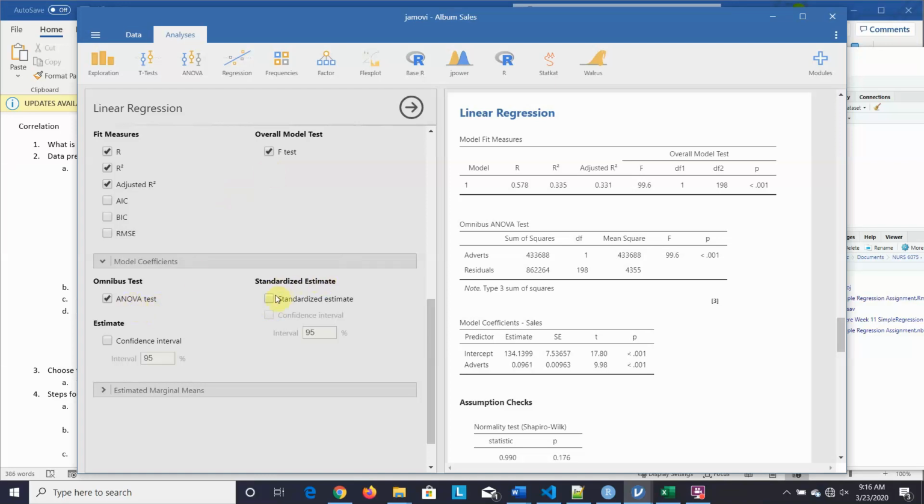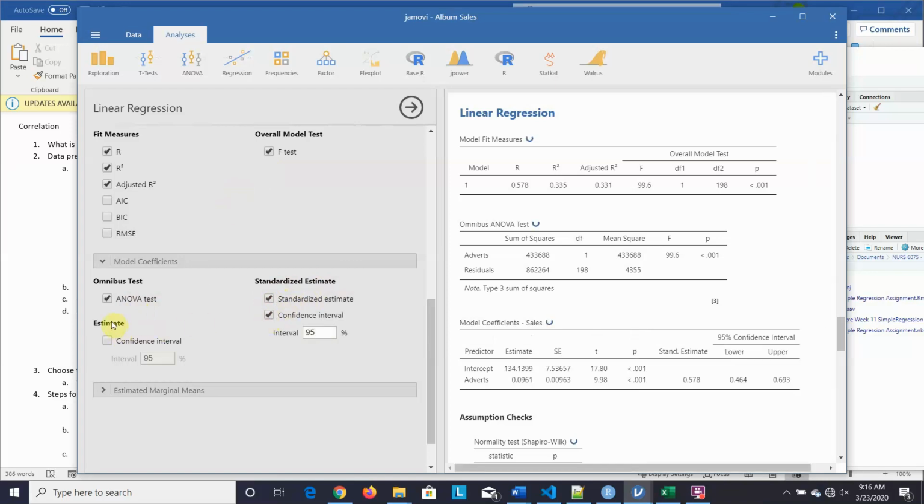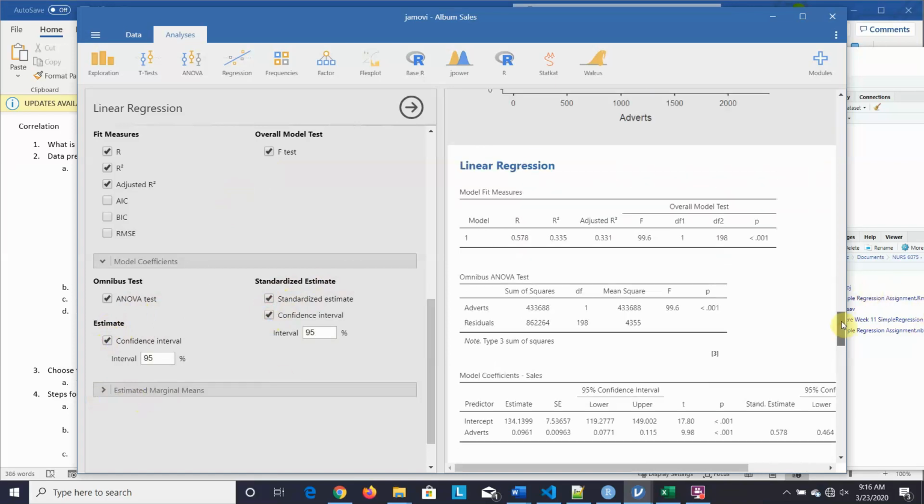Under the standardized estimate, we definitely want to see our standardized estimate and see the confidence interval. And under our estimate, which is our non-standardized estimate, we're going to also select our confidence interval, and we won't have anything under estimated marginal means.